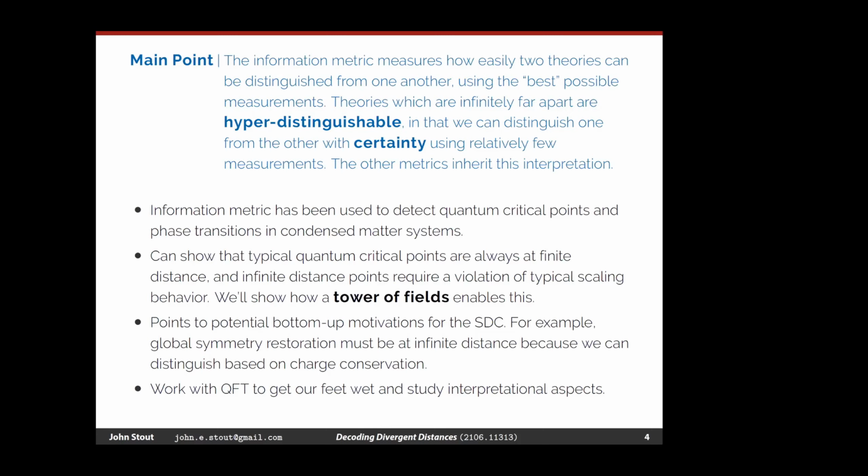So what we'll show is that if I consider this information metric at typical quantum critical points, when I think of a correlation length diverging or some field becoming gapless, I can't get infinite distance points in any non-trivial higher dimensional quantum field theory. And this just comes from the typical scaling behavior that you have around a critical point.